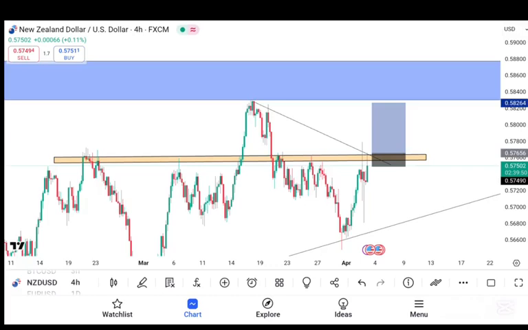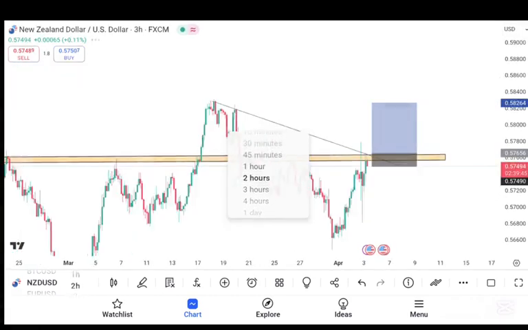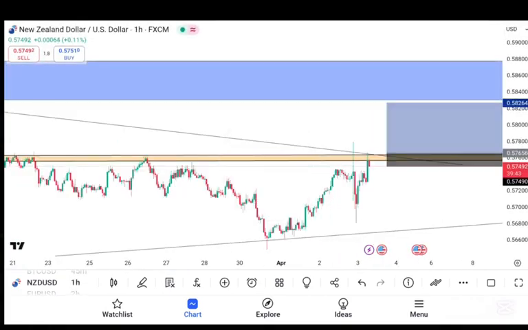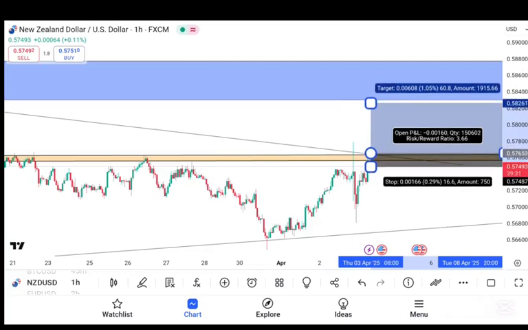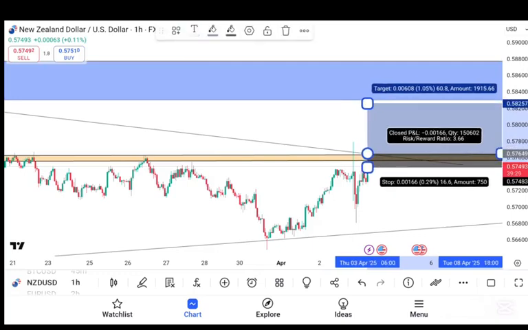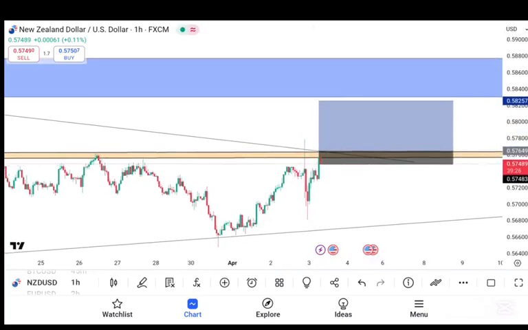So you can even go as low as your 1 hour time frame to refine your entry.